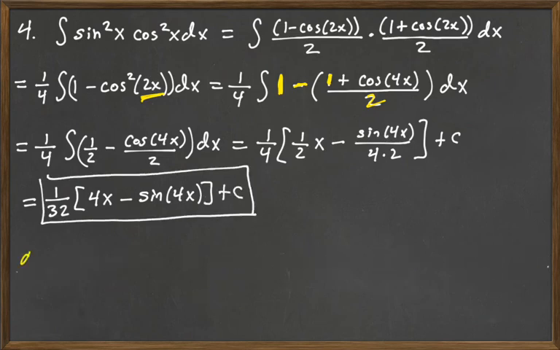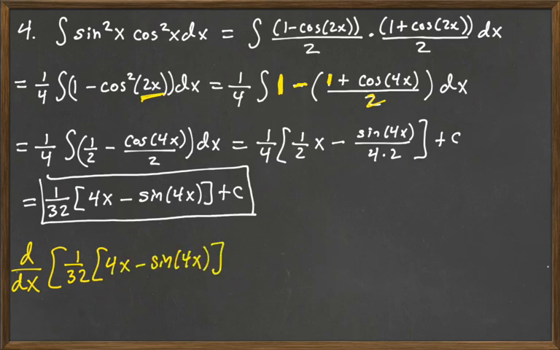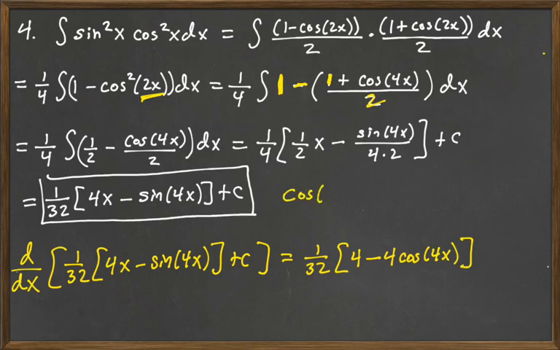Again, if we want to verify that it is the antiderivative, let's go ahead and take the derivative of that. So we're going to take the derivative of 1/32 times the quantity 4x minus sine of 4x, and then plus c. So it's going to be 1/32 times 4 minus 4 cosine of 4x. Then we're going to use a double angle formula here.